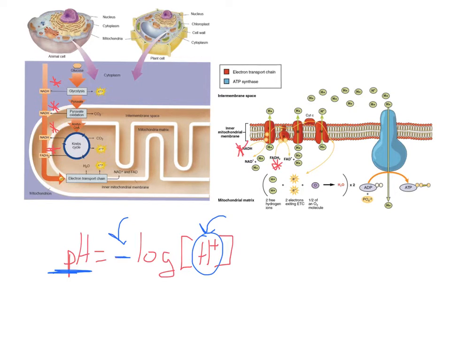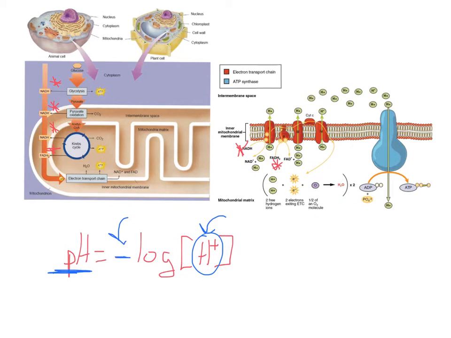I want to point out something. We studied these membranes pretty well. You know that these are phospholipids. You know these are proteins embedded in the phospholipid bilayer. And you know what we can do when we create a high and a low. We know that once you get a high up here of high hydrogen ion concentration, a low pH, the hydrogen ions are going to go from high to low, right?